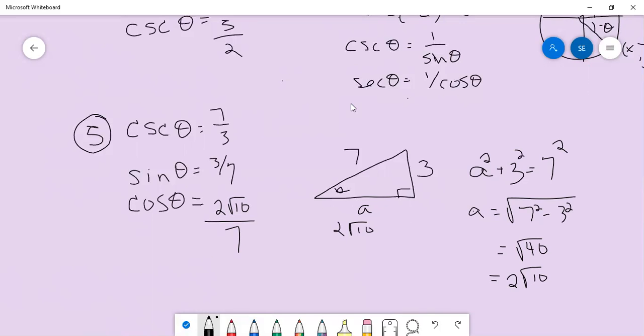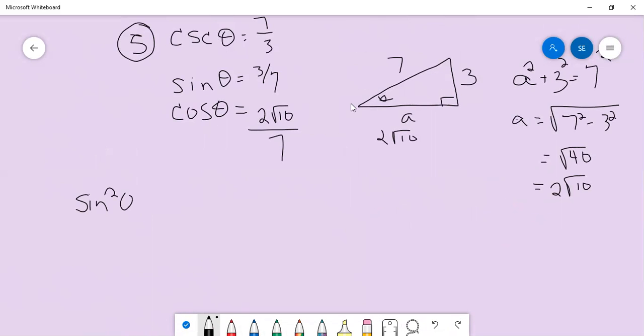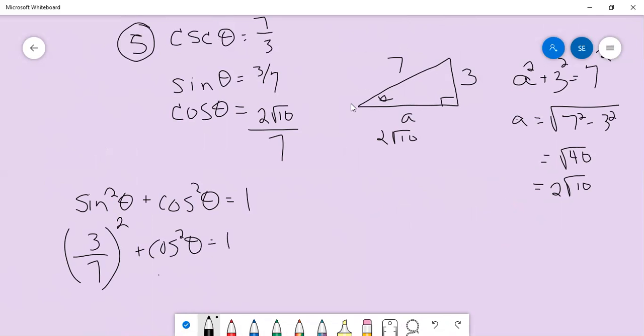The other way we can do this is we can use our Pythagorean identity. So that is our sine squared theta plus cosine squared theta is equal to 1. So when we do this, we know sine is 3/7. So 3/7 squared plus cosine squared theta is equal to 1, or cosine squared theta is equal to 1 minus 3/7 squared.